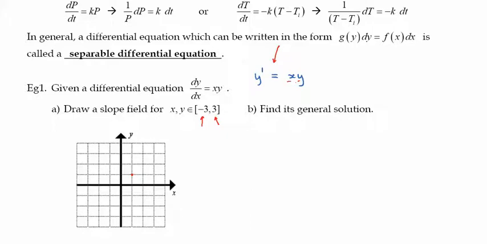So I would expect a line going up this way at a 45-degree angle. But as I change the point to, let's say, 2 and 1, the slope will also change. When x equals 2 and y equals 1, this time we end up with slope equals 2. So we're going to see a steeper slope.